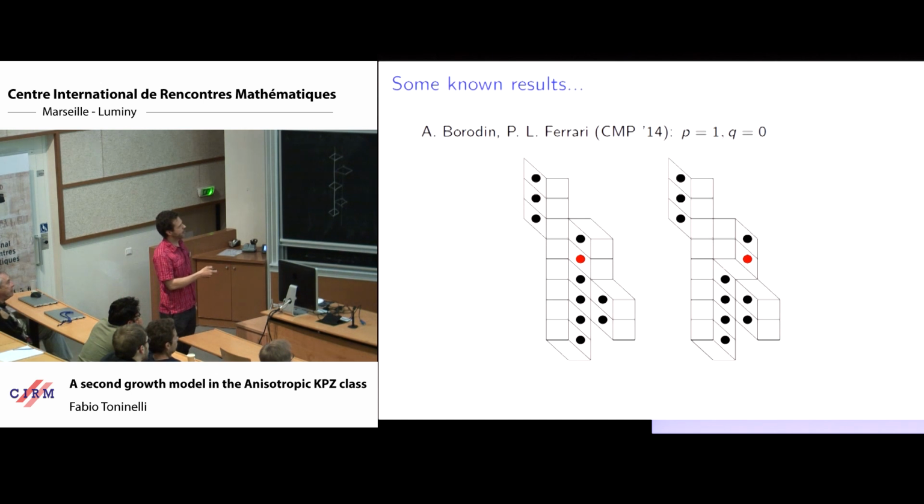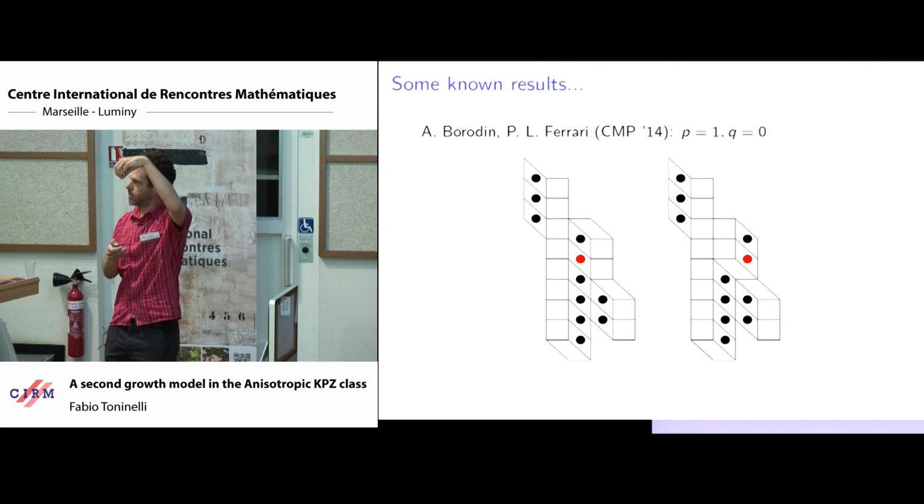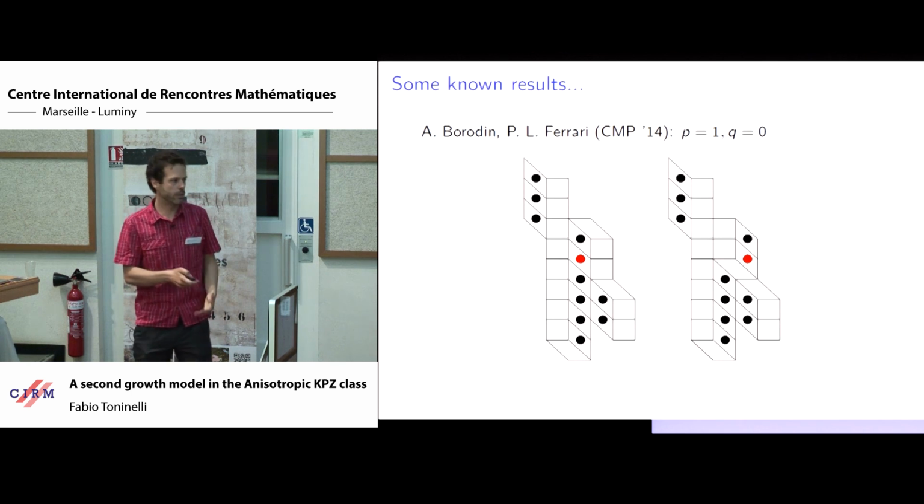What you see here is a transition where these two cubes have been removed on the right. In my language, it would mean that a certain particle has jumped down by 2. From their point of view, instead, this red particle has jumped to the right by 1, but by doing that, it has also pushed this guy which was sitting on top. So it's two different ways of seeing things.